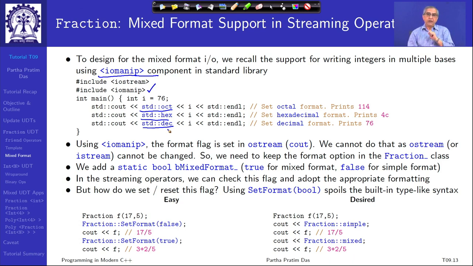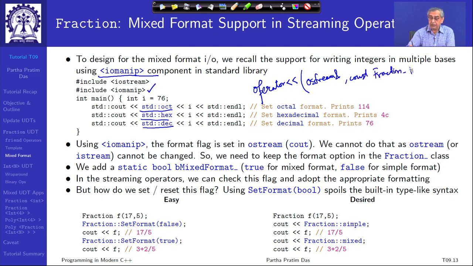Now, the question is how does this information get passed? So, if I look at the output streaming operator, this is a binary operator, and you have the ostream and the const fraction. So, these are the two parameters you have. So, the operator must get this information through one of these parameters, right? That is very clear.